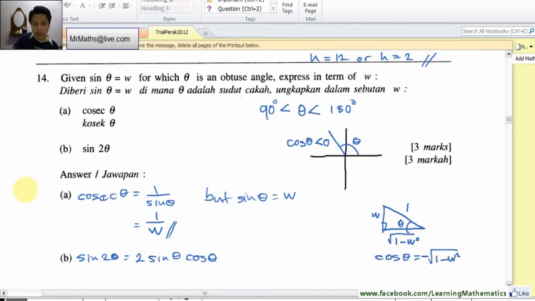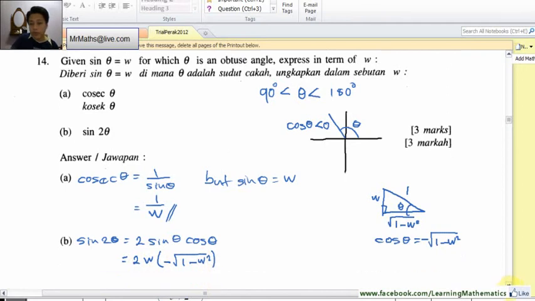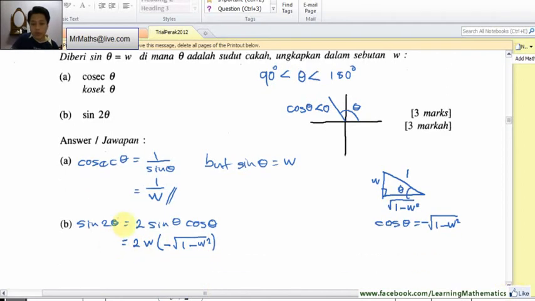So sin 2 theta is going to be equal to 2W times minus square root of 1 minus W squared, so that is equal to minus 2W square root of 1 minus W squared.